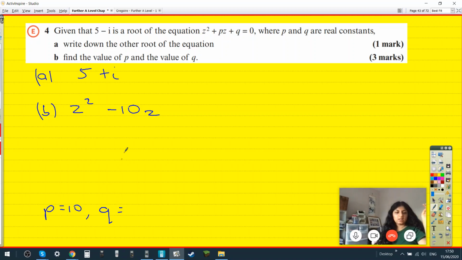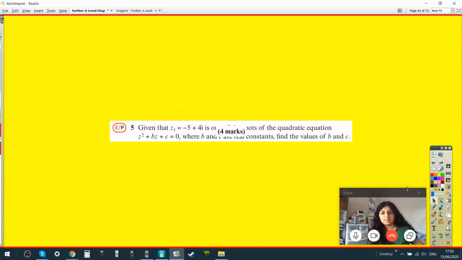Plus 26. Q is equal to 26. Check. It's correct. Boom. That one was a bit easier. I think the numbers were a bit more straightforward, but same idea.